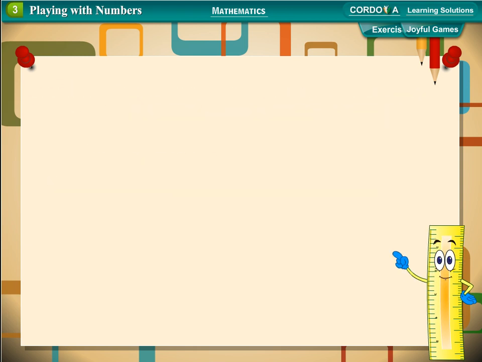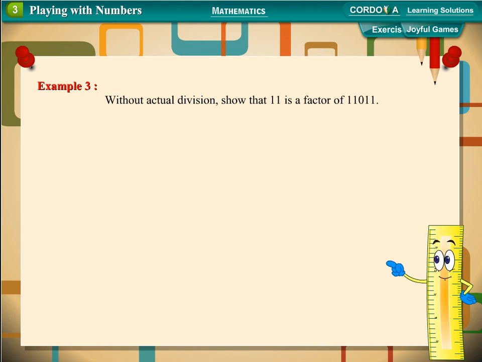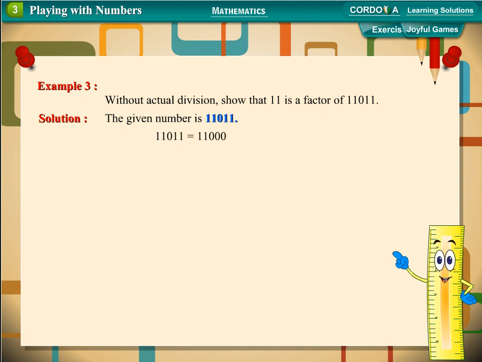Example 3. Without actual division, show that 11 is a factor of 11,011. Solution. The given number is 11,011. 11,011 is equal to 11,000 plus 11, which is equal to 11 into 1,000 plus 11 into 1, which is equal to 11 into (1,000 plus 1), which is equal to 11 into 1001.